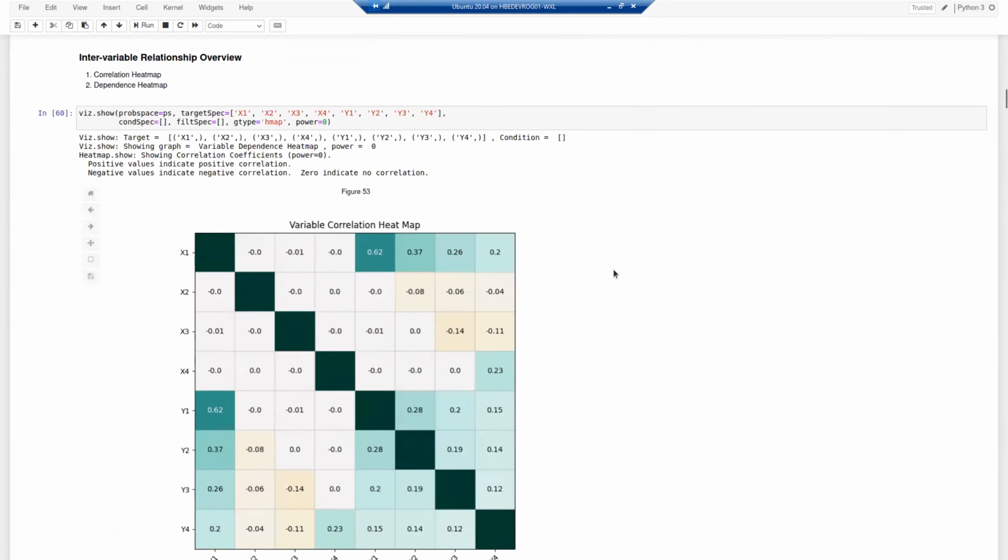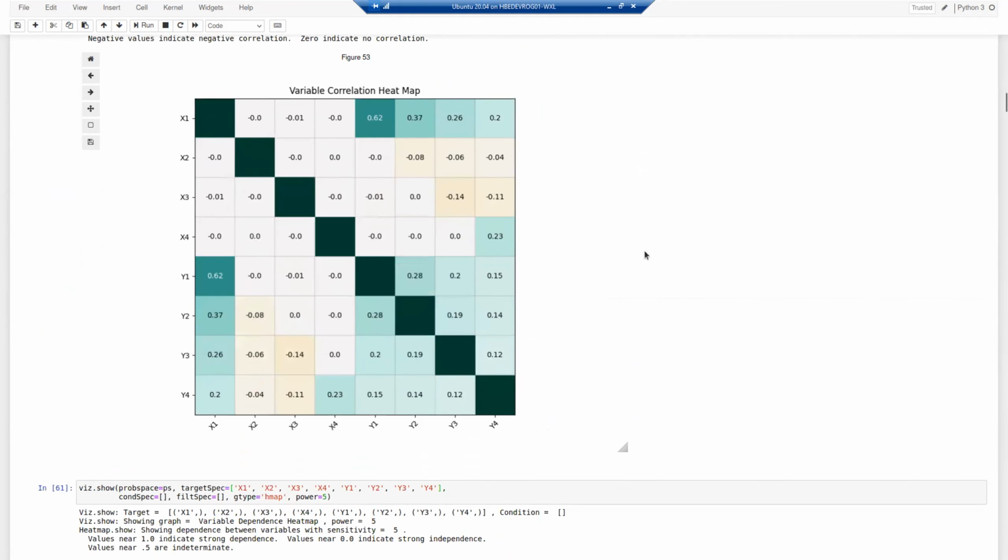Now let's take a look at another view. We have a facility called the heat map, and we can do 2 different types of heat maps. The first one is a correlation heat map. And this shows you which variables are correlated.